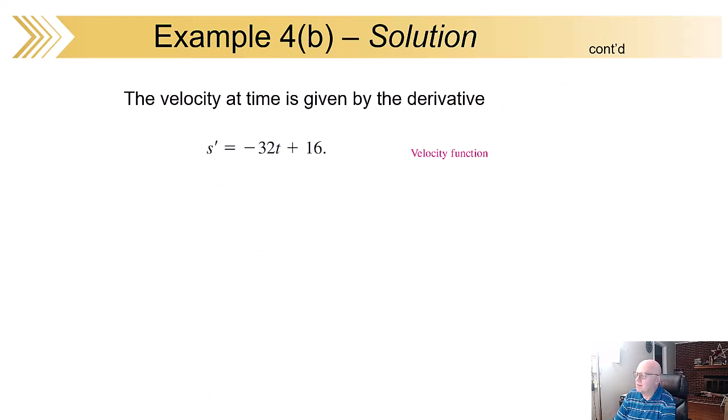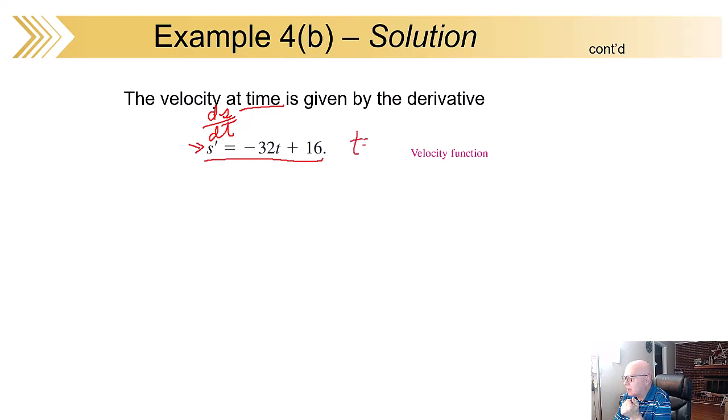How about the velocity? Well, we've already got that, remember? This is the same thing as ds dt because we're talking about time. And here's our formula. What do we want to find out? Well, we want to find out what this velocity is when he hits the water. When did he hit the water?